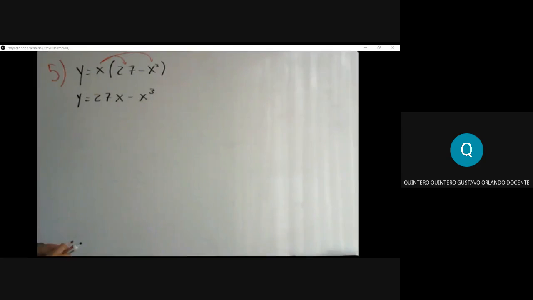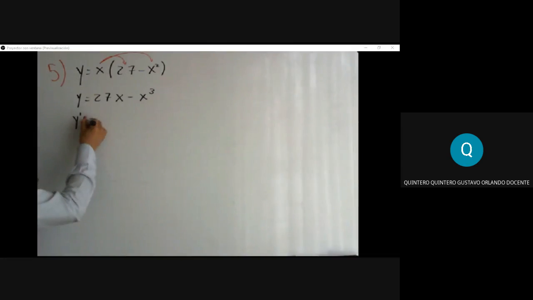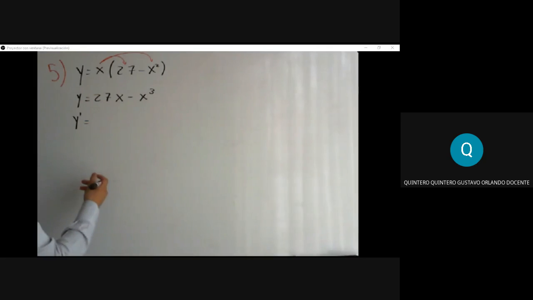Now, in order for me to find the turning points, what I need to do is find the points for which the derivative of this function equals 0, right? Because those are the turning points. So to find the derivative, I'm going to do y prime. We can use this notation, right?